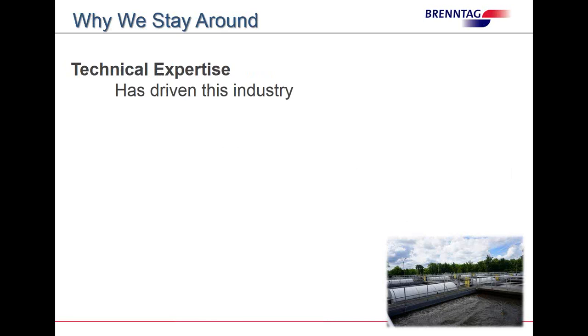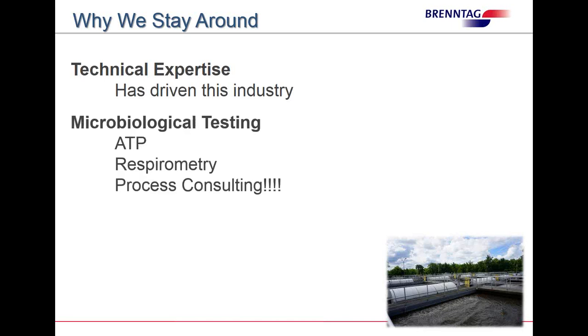Okay, our technical expertise has driven this industry in that we're getting the sawdust people out of here and getting new people in. Testing tools are coming along these days, such as ATP, an abbreviation for adenosine triphosphate.